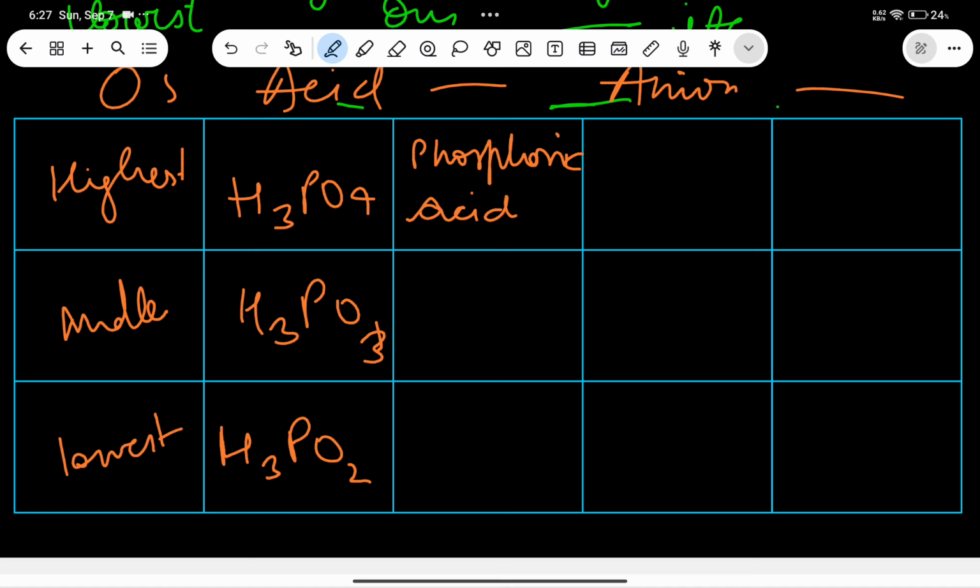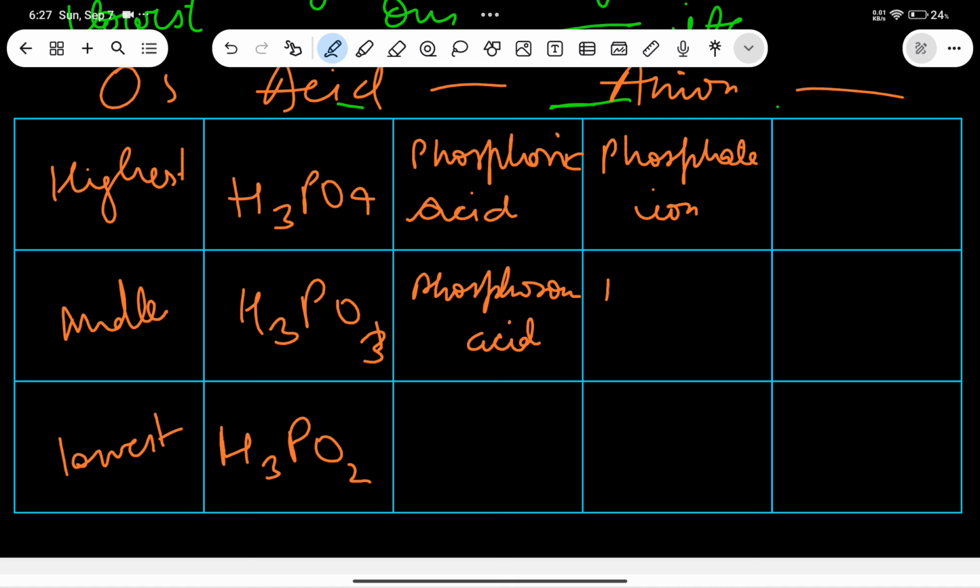So the anion here would be phosphate ion. Similarly, the middle one will be phosphorous acid, and the anion would be phosphite ion.